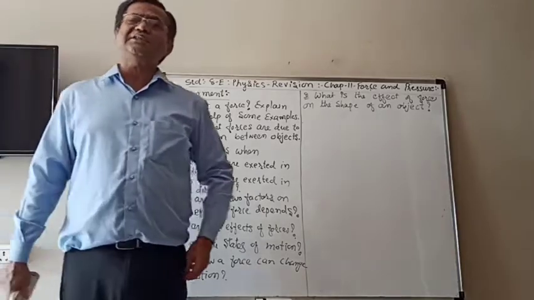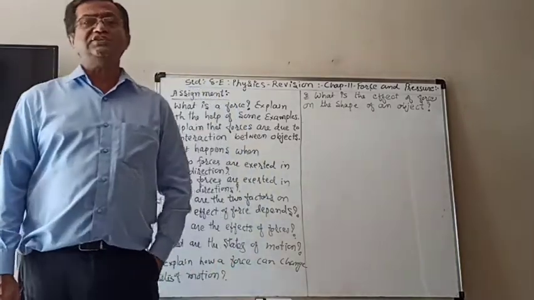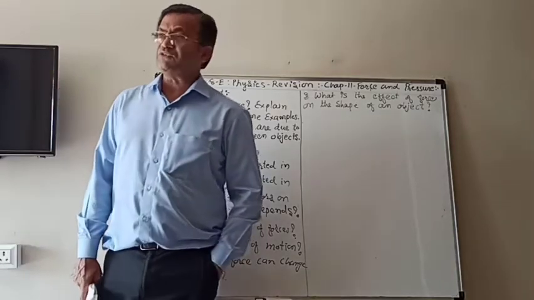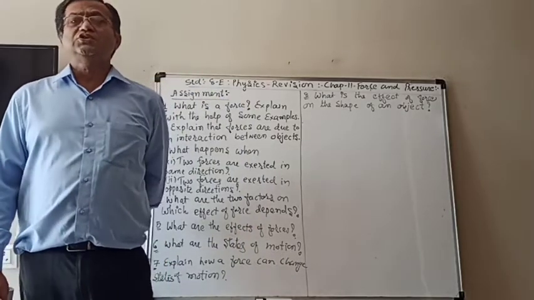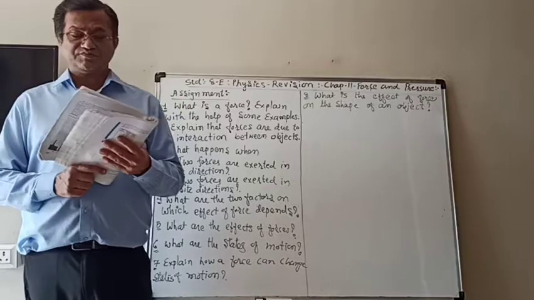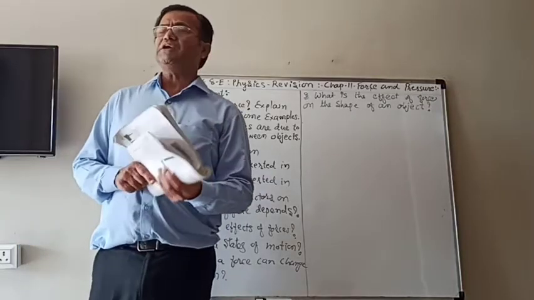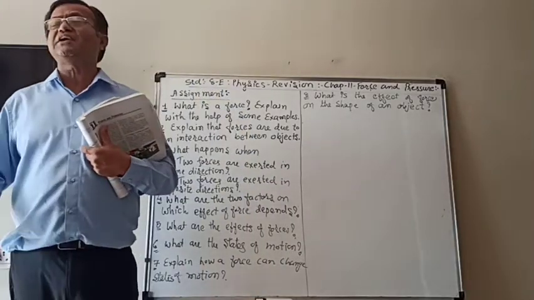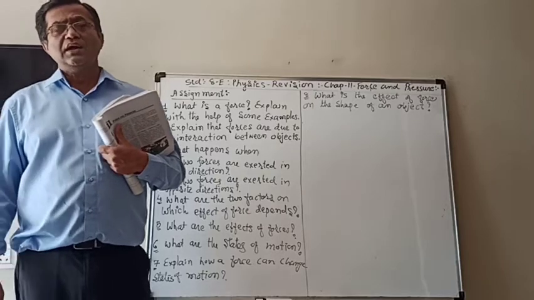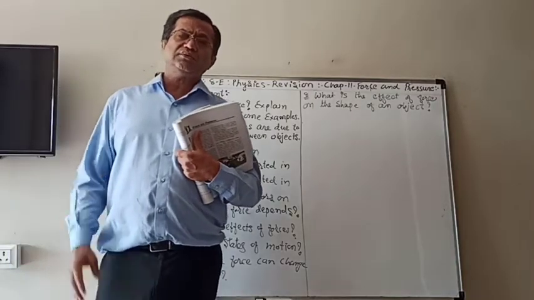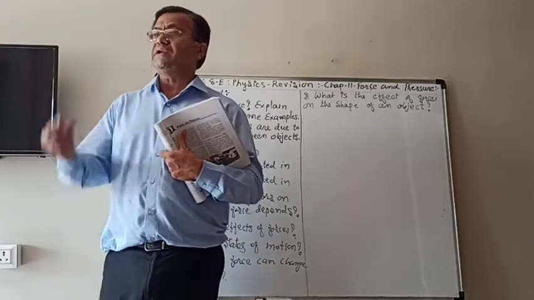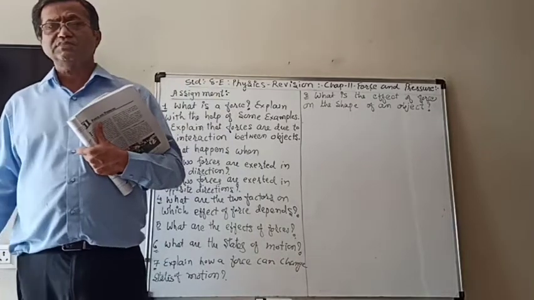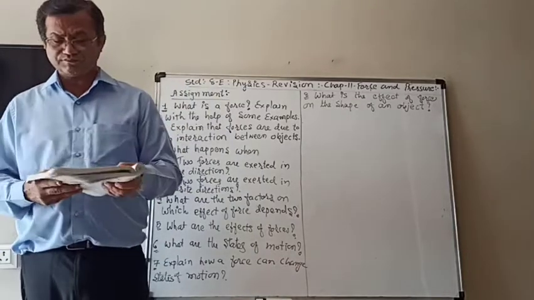And to do all these changes, we know that we apply force. When we apply force, we can do work on that object. So now we see that we apply force in different ways, and generally only two types of force are there, either the push or the pull.